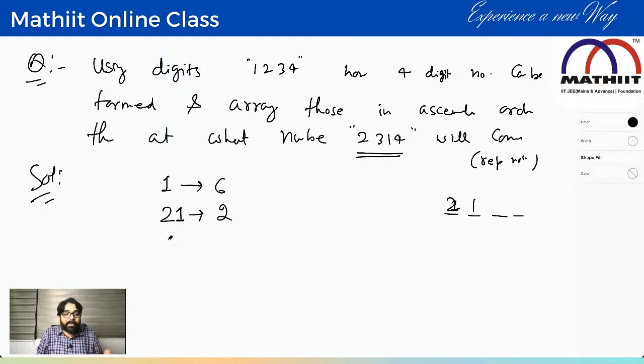Then how many numbers start from 23? But that is part of my question. 23. Then after 23, what will come? 1 will come, according to the sequence. And then 4 will come. Am I making any mistake? 21, 23. No mistake.